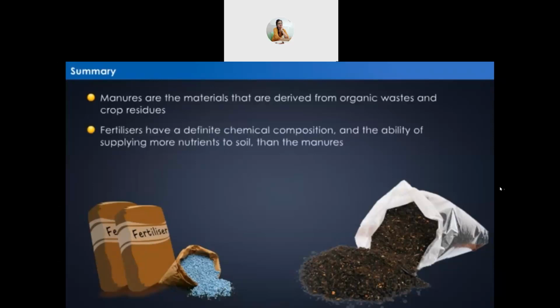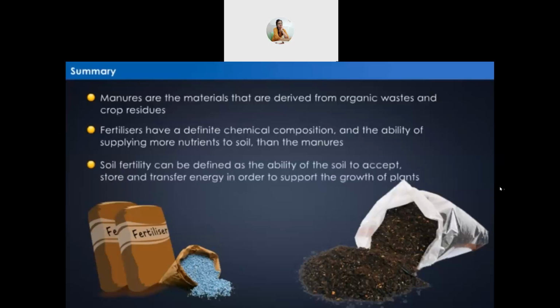Fertilizers have a definite chemical composition and the ability of supplying more nutrients to soil than the manures. Soil fertility can be defined as the ability of the soil to accept, store, and transfer energy in order to support the growth of plants.